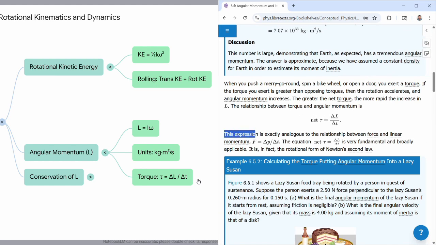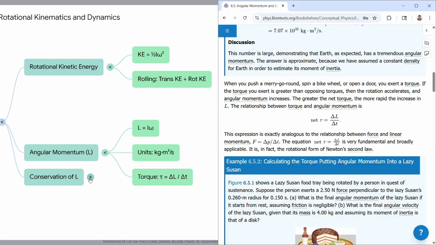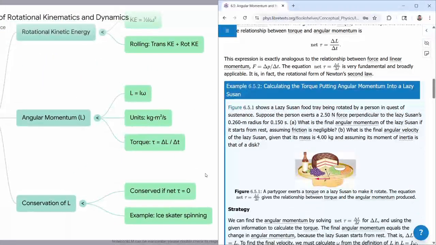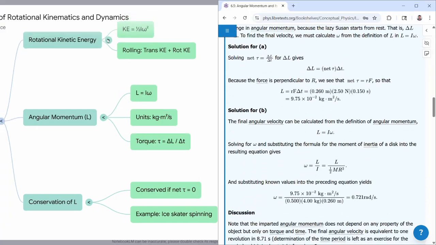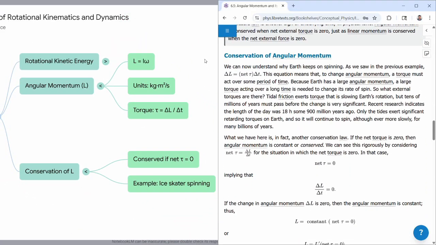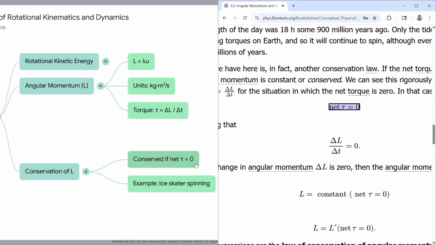And this same argument from analogy applies to conservation of angular momentum. For conservation of momentum, we looked at external force. We said if there's no impulse due to external force, then we can say the total momentum of the system is conserved. Similarly, we can say that the total angular momentum is conserved if the net torque due to external forces, or external torques, is equal to 0.